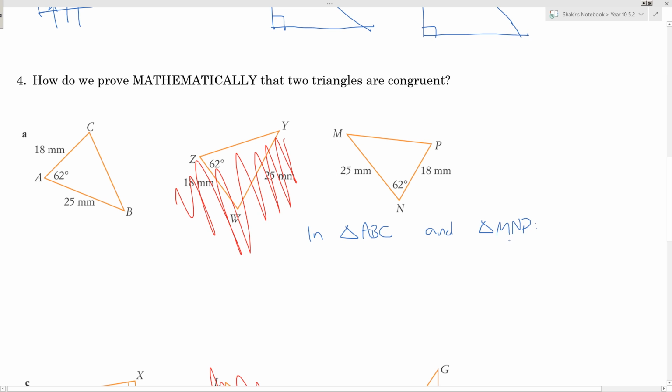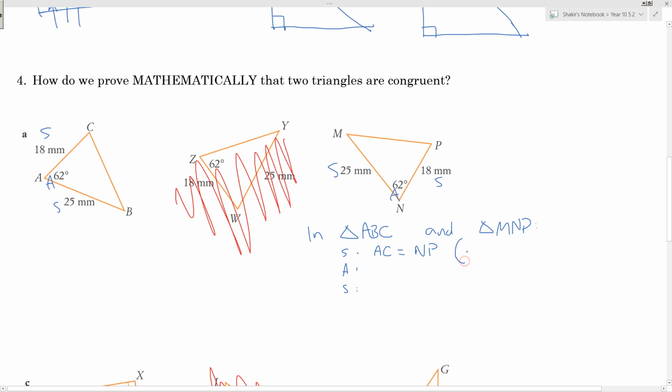And now we're going to write down 3 lines, 3 proofs. So over here, it's side angle side, side angle side, side angle side. So we know those two triangles are congruent. So I'm going to write, S, A, S. And then I'm just going to write over here, what's the side? First side, that's equal AC. AC is equal to, the 18 is equal to NP.